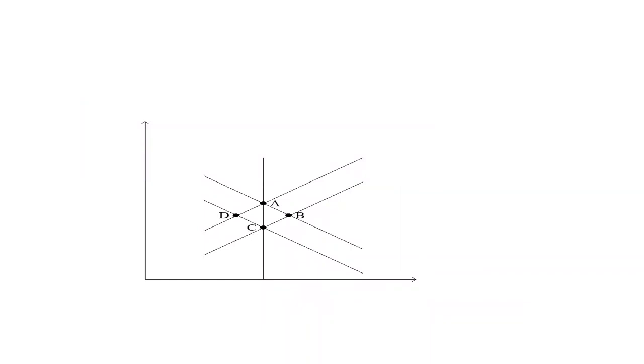The next question, which is question number 4, refers to this graph. If the economy starts at A and there's a fall in aggregate demand, so we're going from A to D, and the question is about the long run. I'm at D. I'm making less product than I did at A. I need fewer workers.